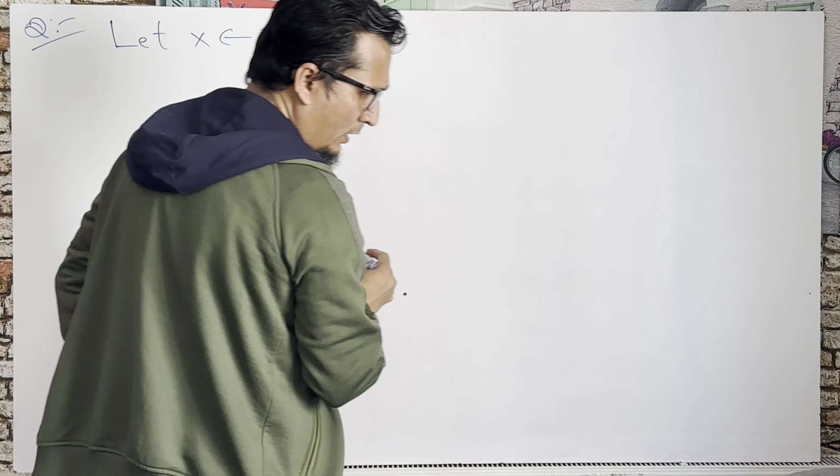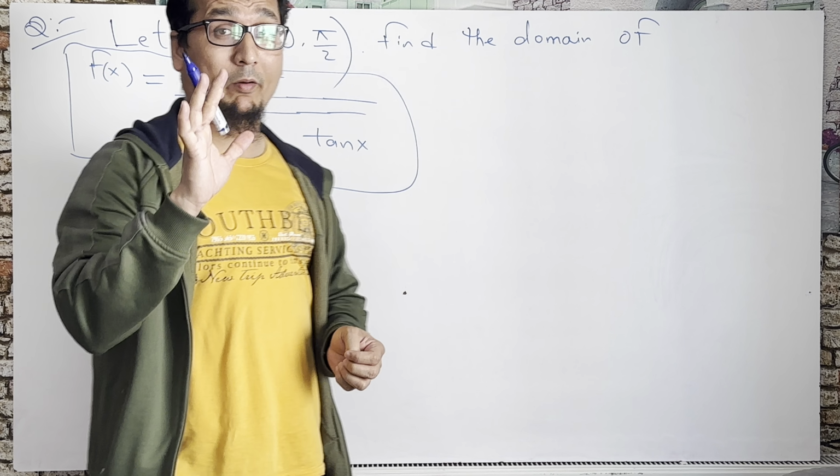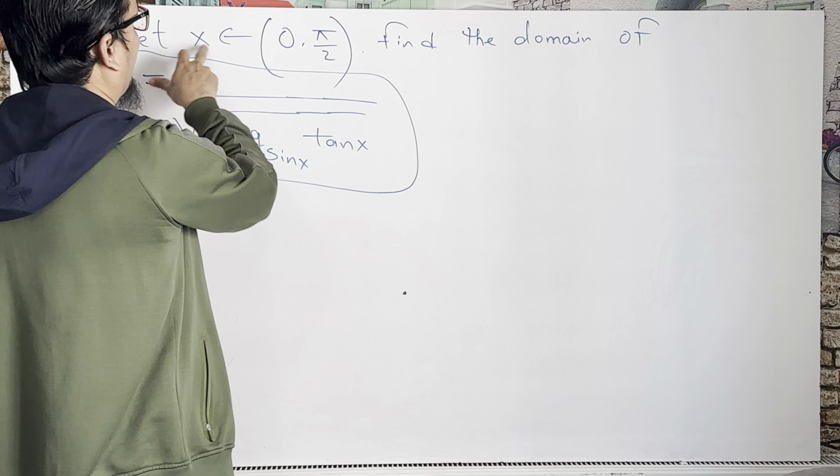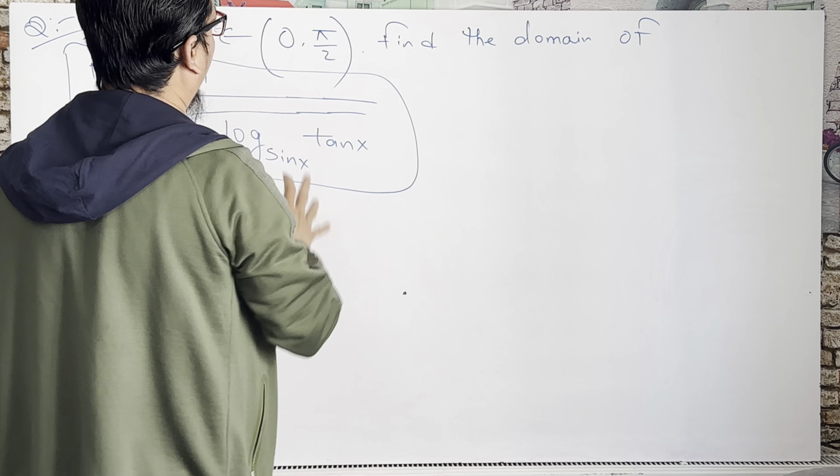This is your function: f(x) is equal to 1 divided by square root of minus log base sin x tan x, and we have to find the domain. But remember one thing in your mind, that x belongs to 0 comma pi by 2.